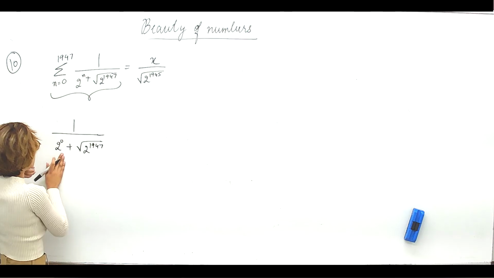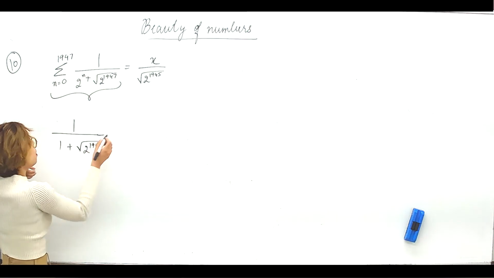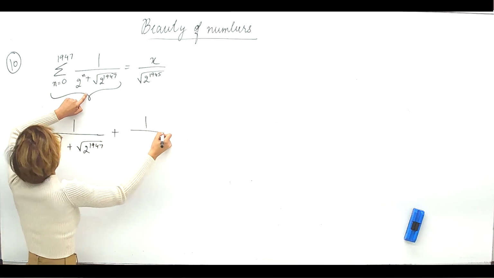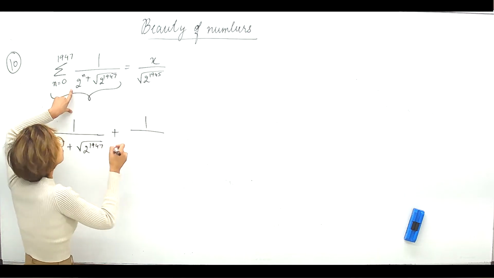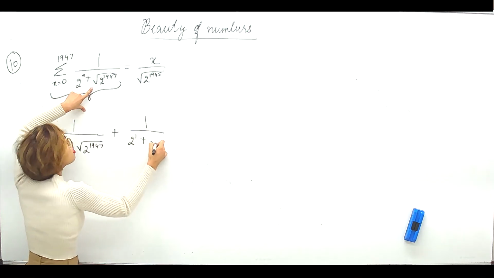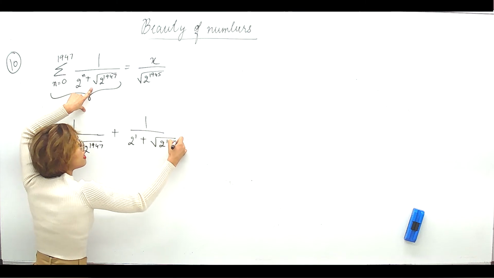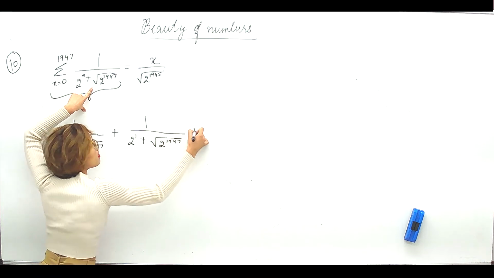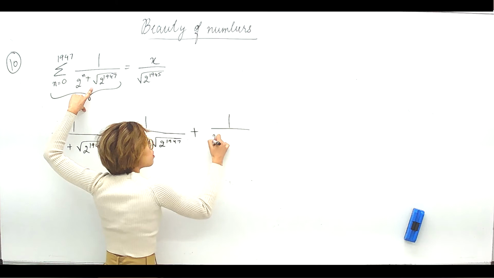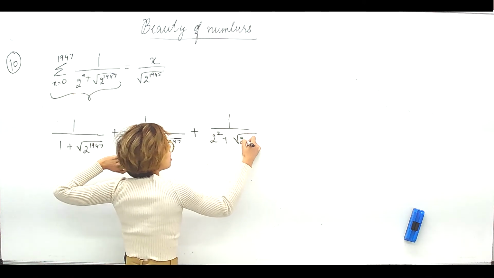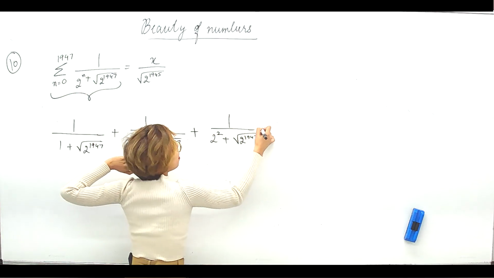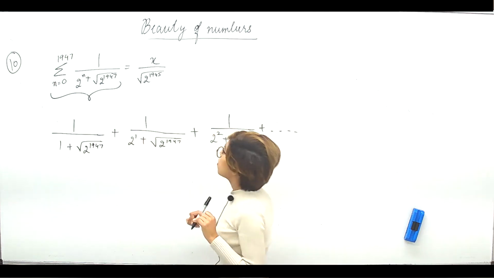Now here 2 raised to 0 is 1, so I write 1, which is 1 plus. Now the second term, 1 divided by, now n will be replaced by 1, so 2 raised to 1 plus square root of 2 raised to 1947. Plus next term 1 by 2 squared plus square root of 2 raised to 1947, plus so on. Now what will the last term be?